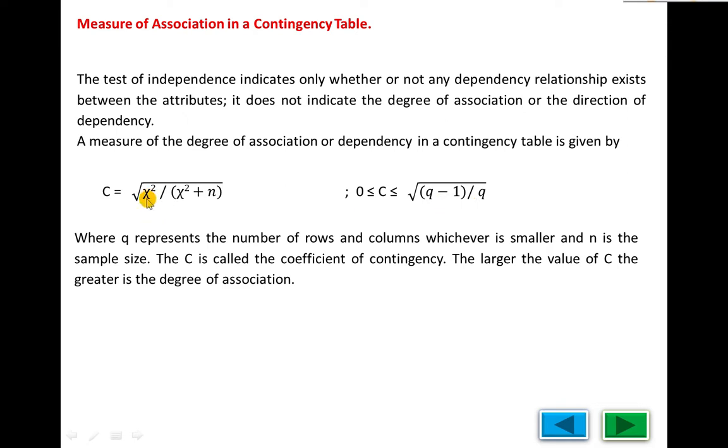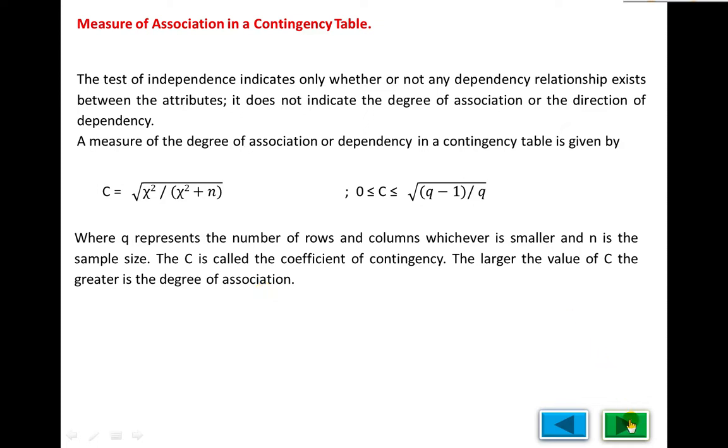If you substitute the chi-square calculated value and the number of observations, you will obtain the value of C, where Q represents the number of rows or columns, whichever is smaller, and n is the sample size. C is called the coefficient of contingency. The larger the value of C, the greater the degree of association.